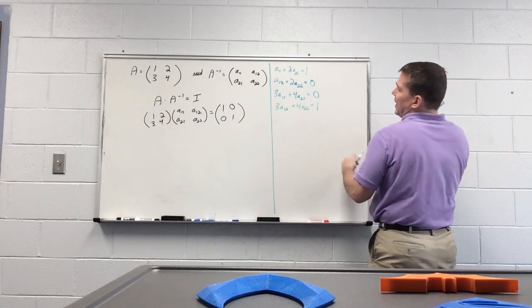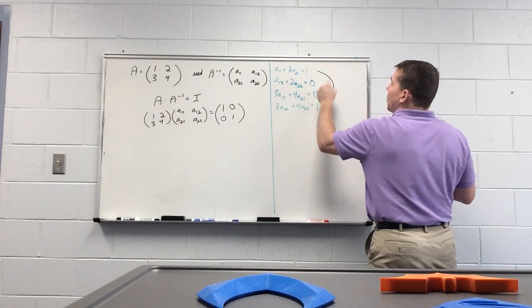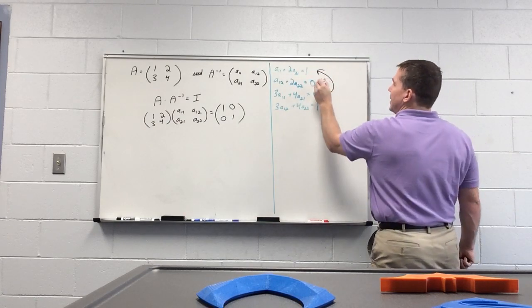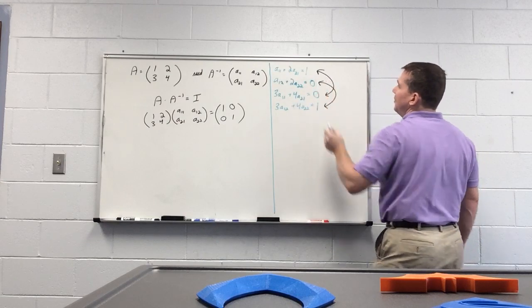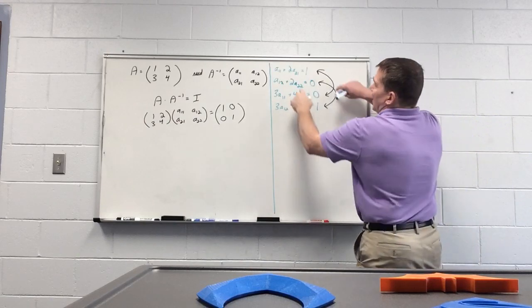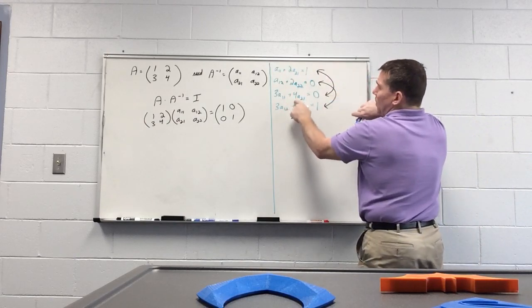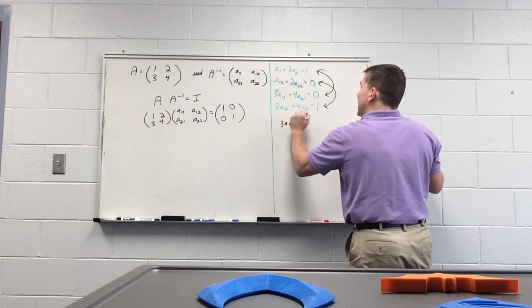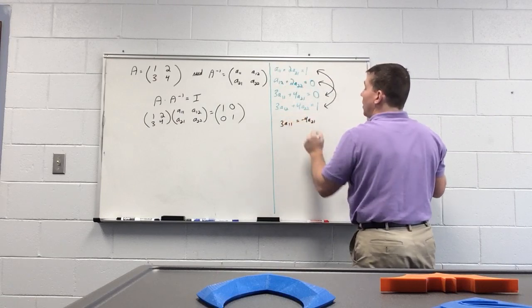And clearly looking at these, two equations involve A11 and A21. These two equations involve A12 and A22. So I can solve them separately. For these right here, I'm going to use the one that's set to 0. So I get 3A11 equals negative 4A21.